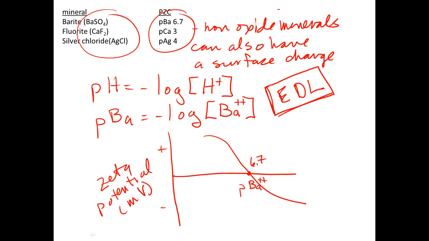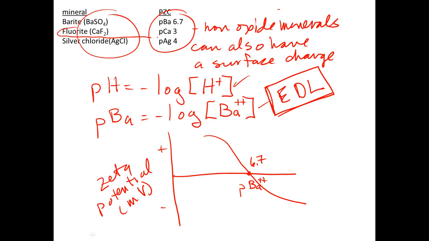We'll see later that with that knowledge of surface charge, we can then begin to modify the surface in terms of its hydrophobic, hydrophilic character. So right now we're just looking at mechanisms to understand the surface charge, and the key point is that we can add ions in solution like hydrogen ion in the case of oxide minerals, or barium ion in the case of barite, and adjust that surface charge.